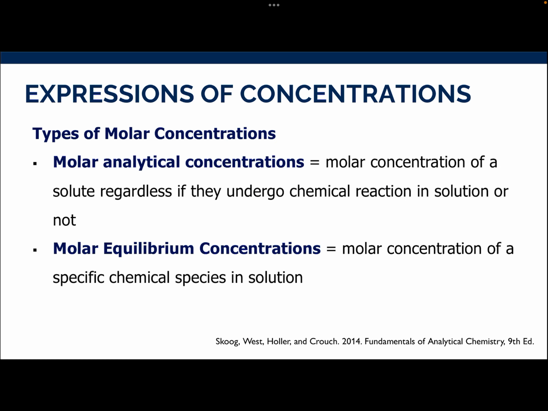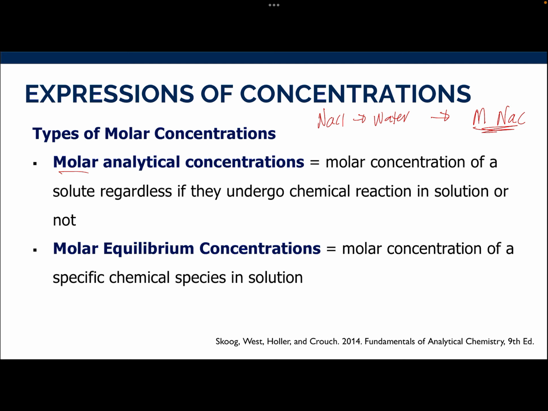And then we have types of molar concentrations. So we have molar analytical concentration. Molar analytical concentration is for a solute regardless of whether it undergoes a chemical reaction in the solution or not. And then molar equilibrium concentration is the molar concentration of a chemical species. So for example, if I dissolved NaCl in water, and then I only calculated the molarity of NaCl, that means I calculated the molar analytical concentration.